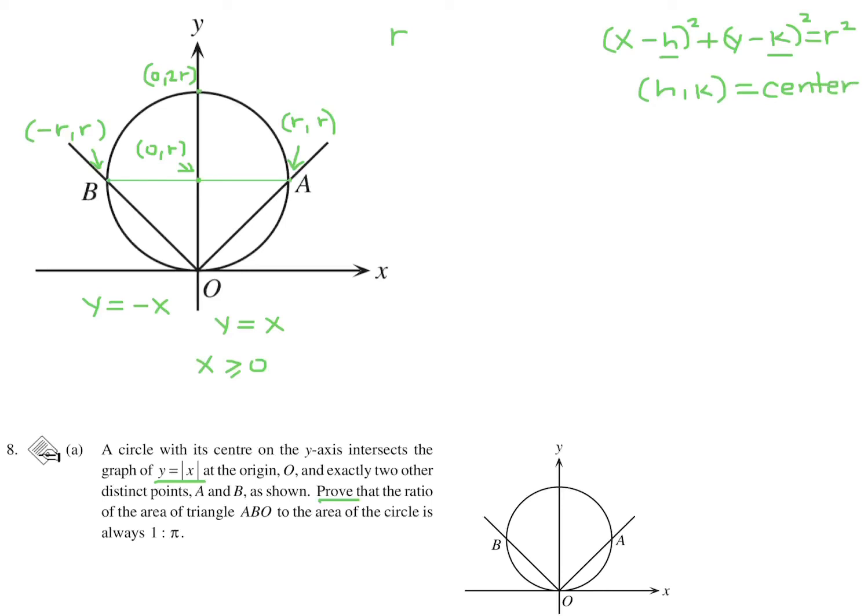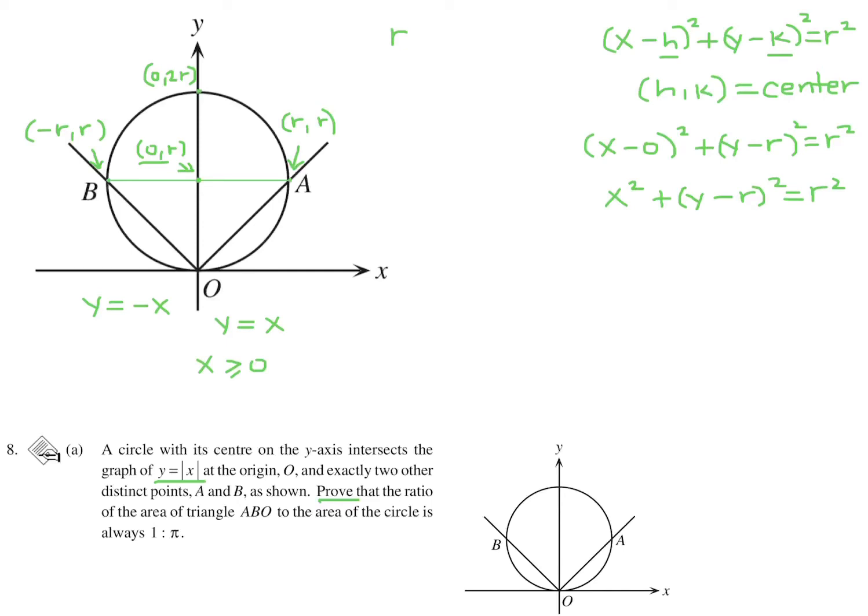So in our case, our center we labeled as (0, r), correct? So our equation becomes (x minus 0) squared plus (y minus r) squared is equal to r squared. And that basically means x squared plus (y minus r) squared is equal to r squared. That's the equation of our circle.